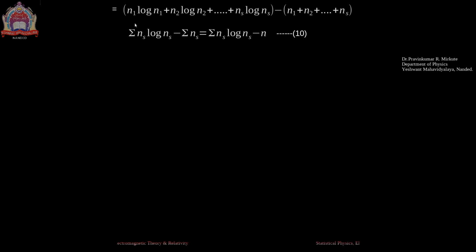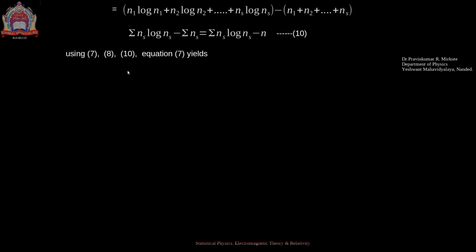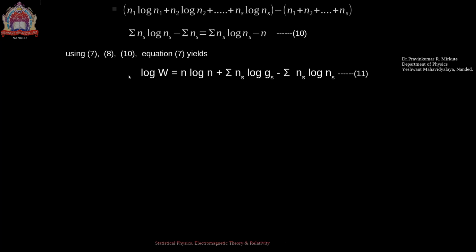So this term gives the summation ns log ns, and this term gives minus summation ns. So we get summation ns log ns minus ns. So equation number 10.